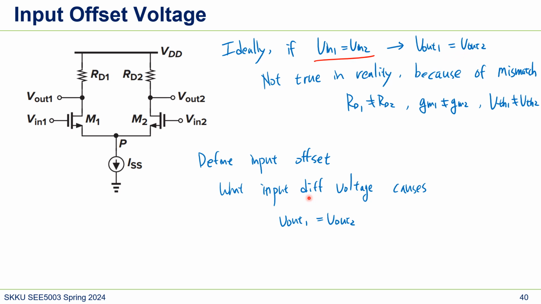But what we define as input offset is to find V in 1 star and V in 2 star that make the output voltages the same, and then we call the input offset V in 1 star minus V in 2 star. That's the input offset. The value can be on the order of 10 millivolts.